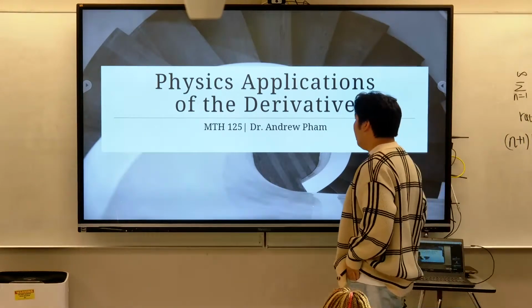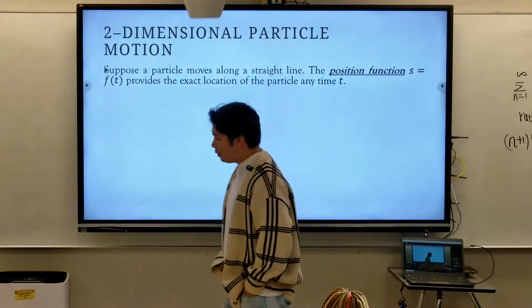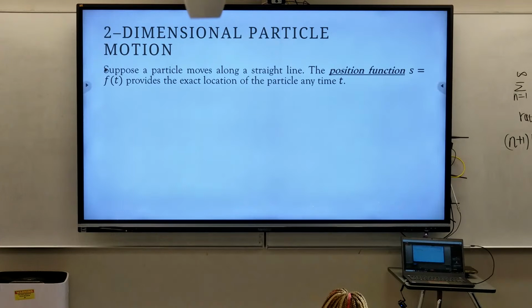All right, so let's go ahead and start. The first thing I have here is discussing two-dimensional motion. Can someone tell me what is meant by two-dimensional, more or less? Yeah, whenever I talk about two-dimensional, another way I might say this is along a line.